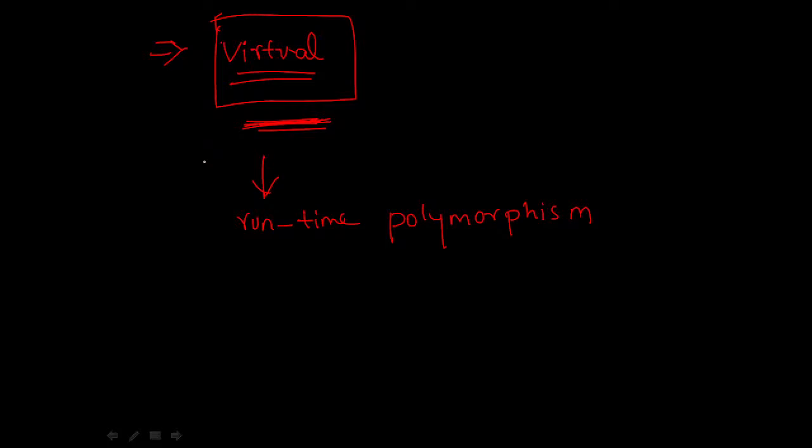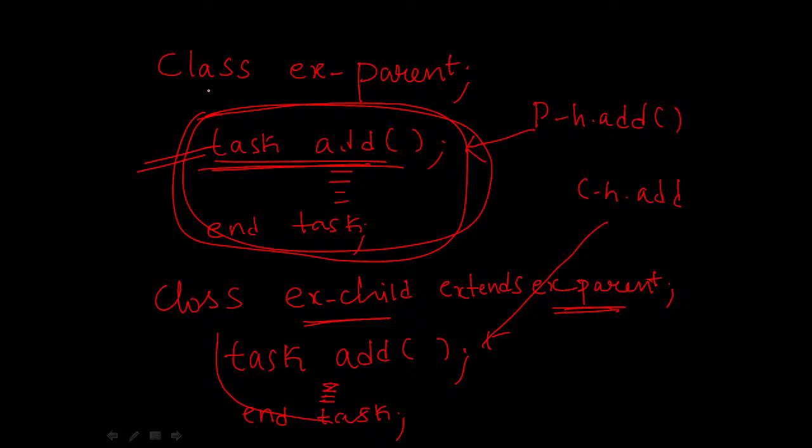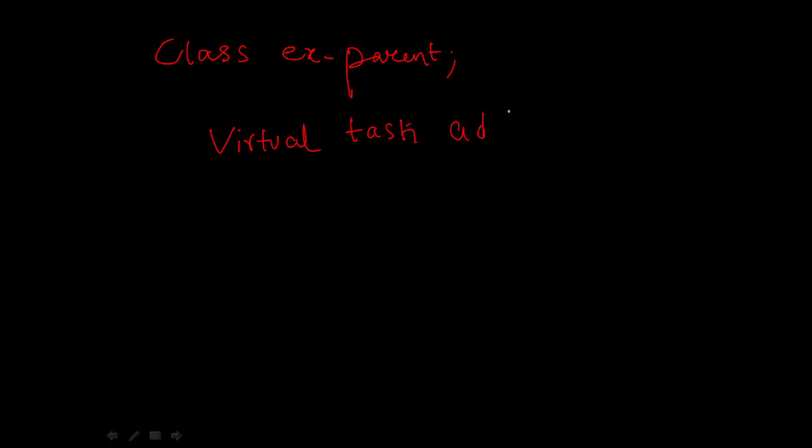Let us see how this virtual keyword helps us attain polymorphism. Let us consider the same example we took at the start. Class ex_parent, and here, instead of writing the task simply, I will use the virtual keyword: virtual task add. I will write my logic here and end the task.